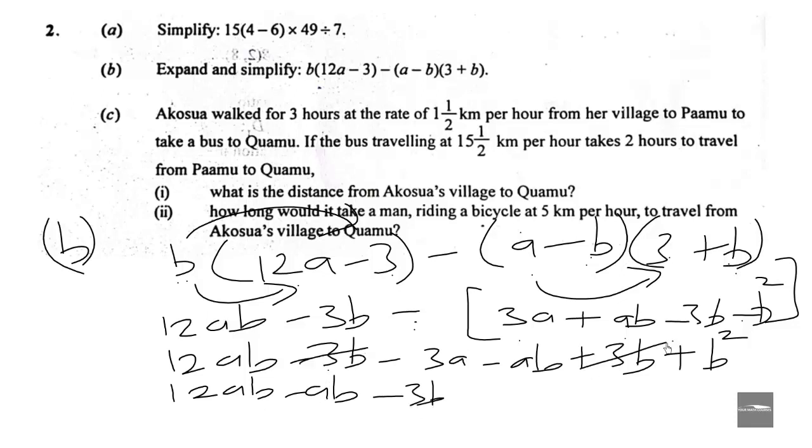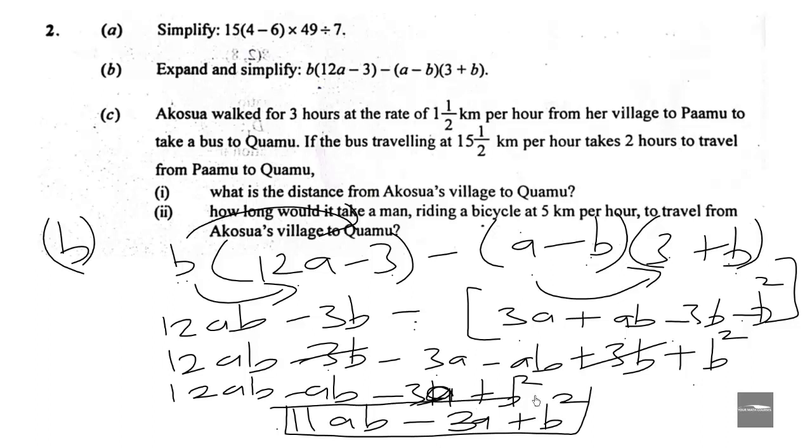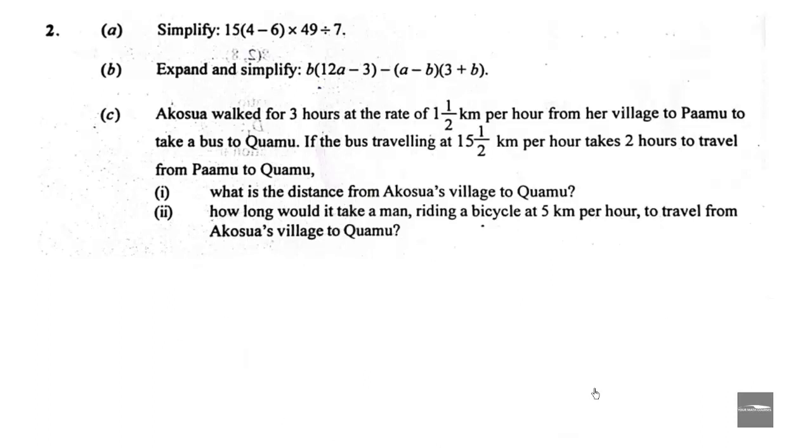Then we have minus 3a, then plus b squared. So 12ab minus ab will give me 11ab minus 3a plus b squared. So that is the simplified form. Now let's look at the C part.